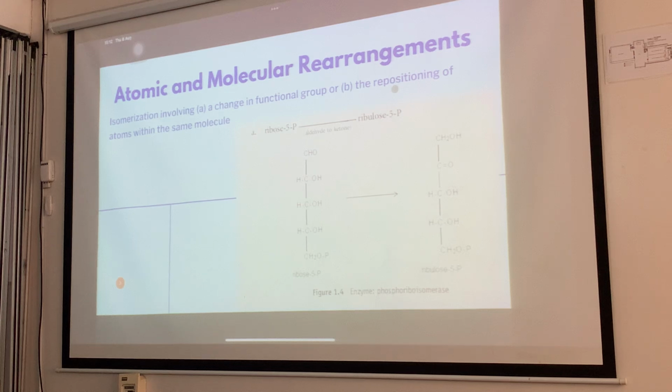So where would the rearrangement happen? Where do you think? From an aldehyde to a ketone here. So there's just a simple repositioning. Right? You understand what it means?